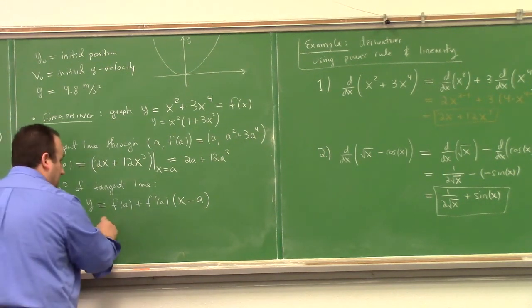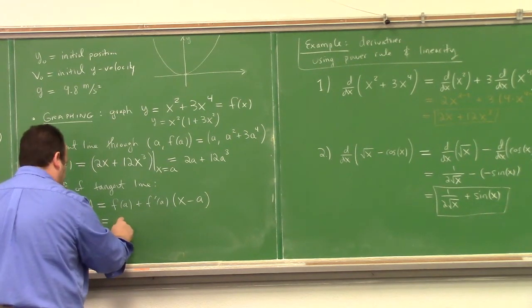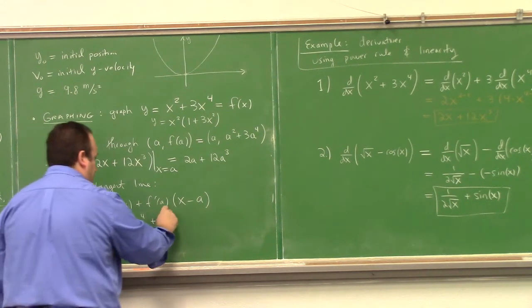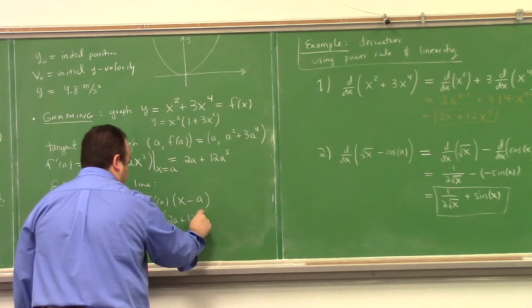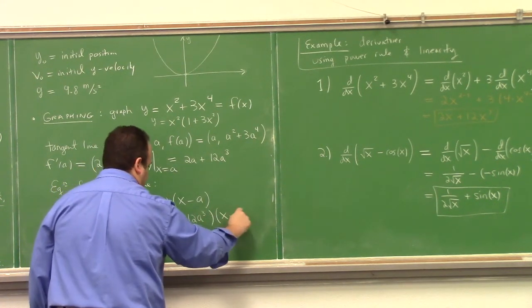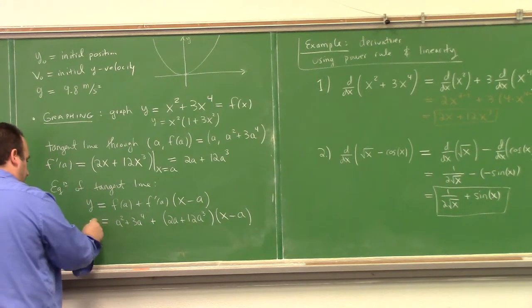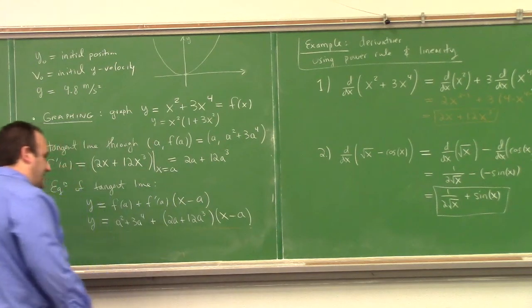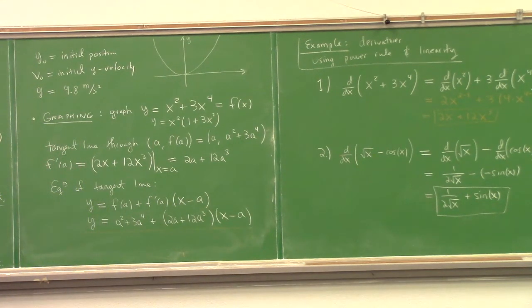That's a squared plus 3a to the fourth, plus parentheses 2a plus 12a cubed times x minus a. So there you go. That is a formula that would allow you to graph the tangent line to this function at any point. But perhaps the most interesting question to ask is, are there any points in this graph where the derivative is 0, because that would be a place where you might have a horizontal tangent line.